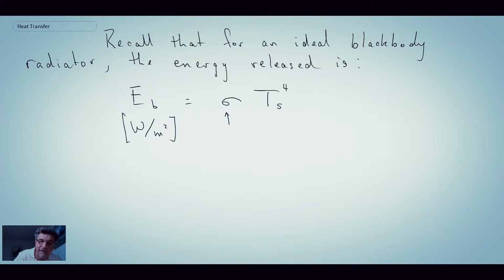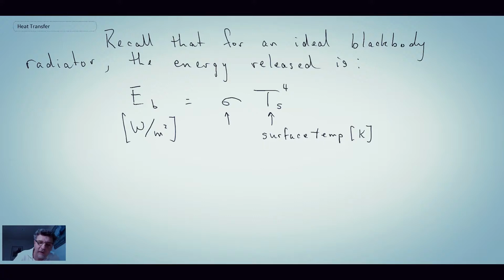This is the Stefan-Boltzmann constant, and this here is the surface temperature in Kelvin. This is actually integrated over a broad range of wavelengths. The actual amount of radiation is wavelength dependent, but this equation would be integrated over all wavelengths.